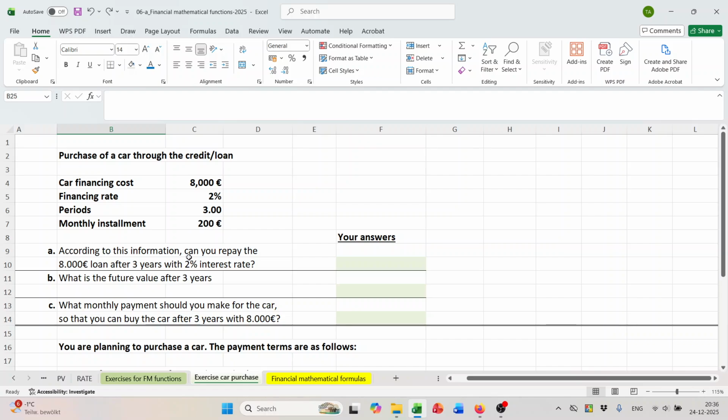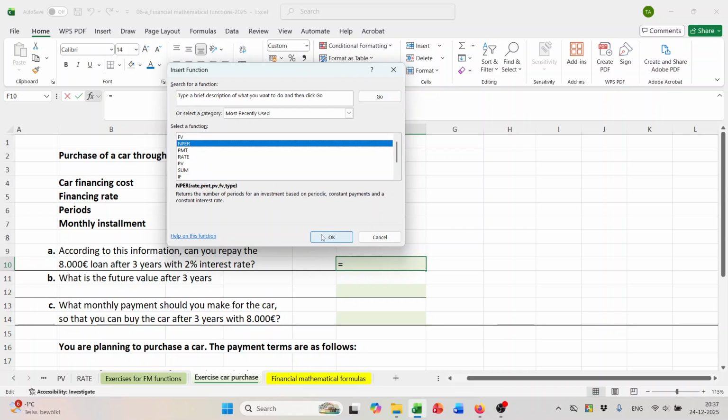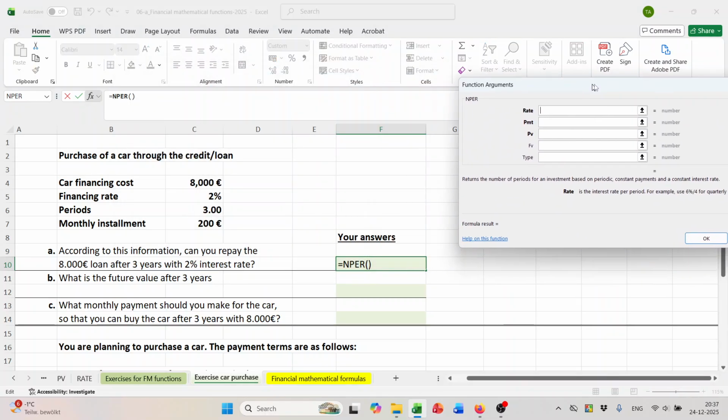According to this information, can you repay the 8,000 euro loan after 3 years with 2% interest rate? So let's find out how many years it really needs. If it is more than 3 years, obviously we cannot finance it within 3 years. So we will calculate the end period.